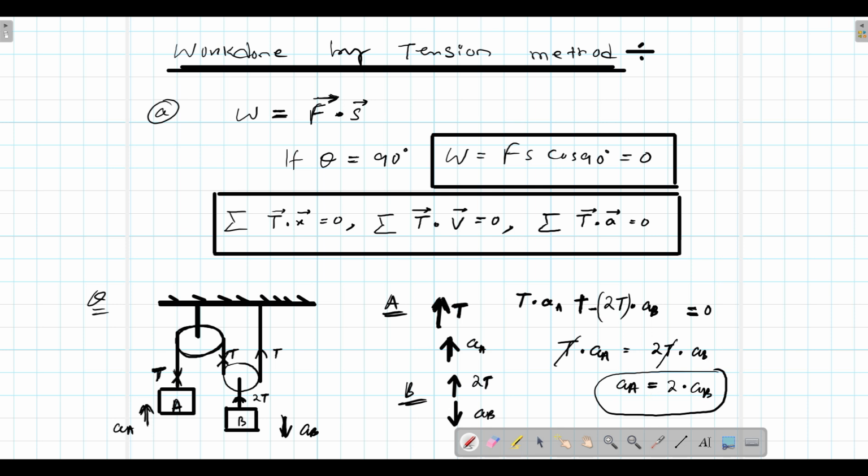So that is work done by tension method. We'll do another question based upon this concept. So the question is given.